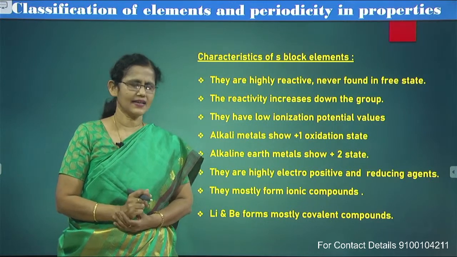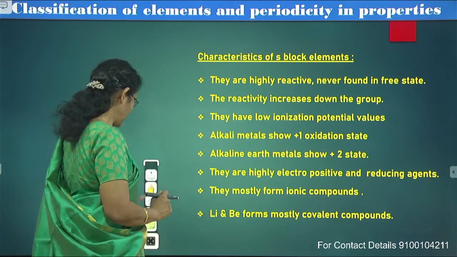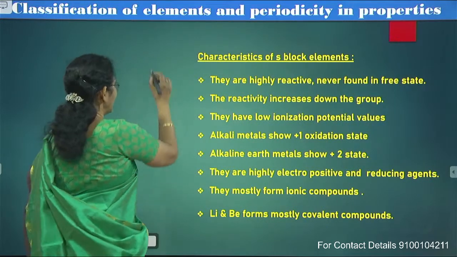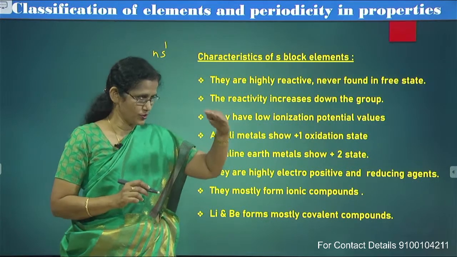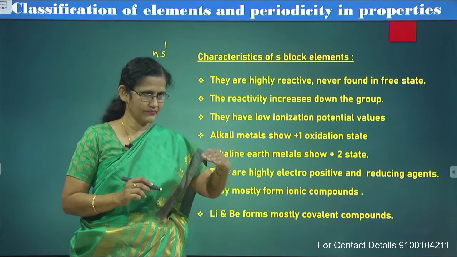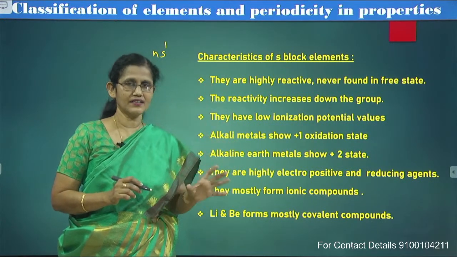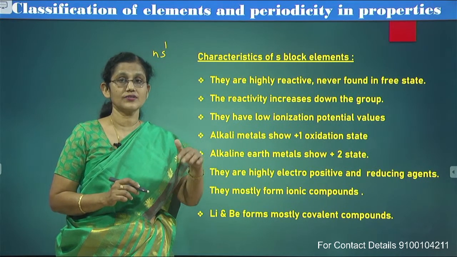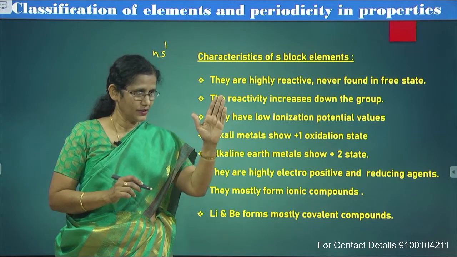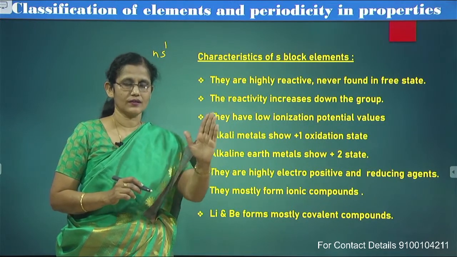When I say alkali metals, their valency configuration is ns1. Down the group, lithium, sodium, potassium, rubidium, cesium, francium, the size of the atom increases. Why does size increase? Because the differentiating electron enters into a new shell: 2s1, 3s1, 4s1.